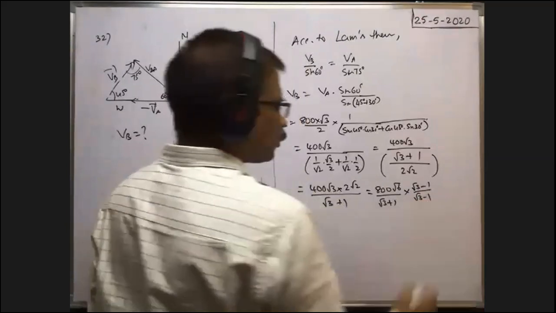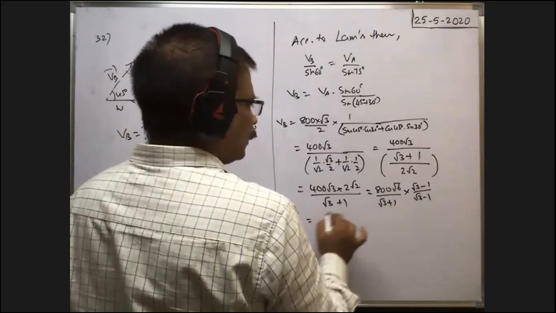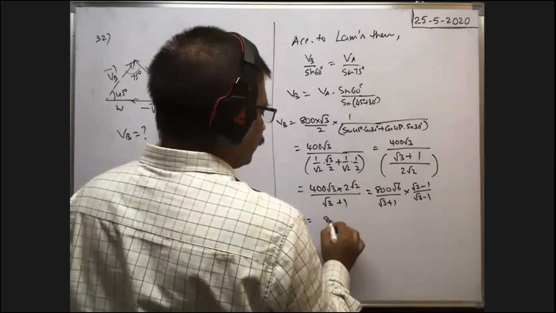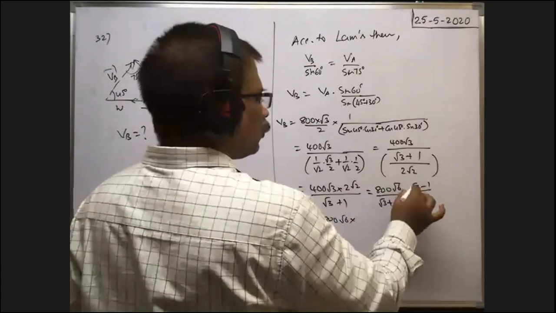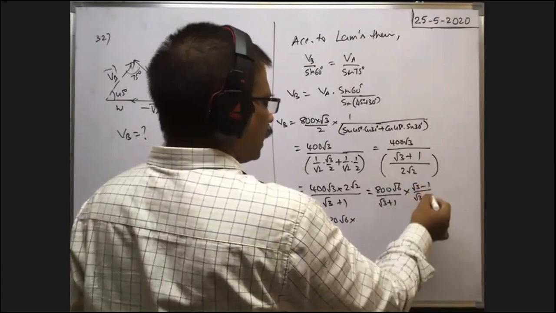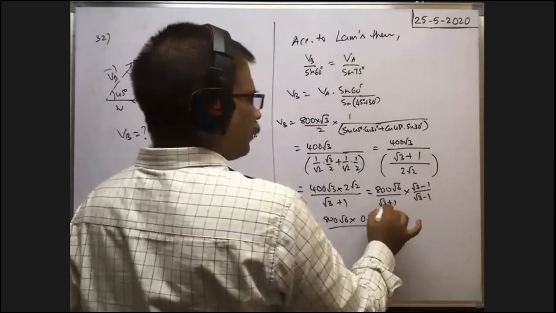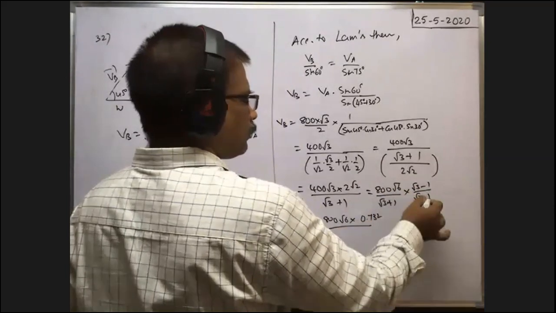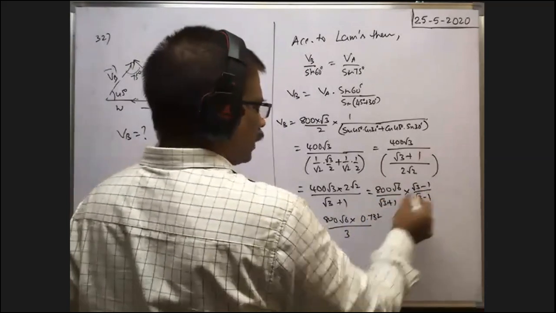It makes no difference, but the denominator becomes simple. So this is equal to 800 root 6 into root 3 minus 1, which is 1.732 minus 1, 0.732, by A plus B into A minus B, A square minus B square. A square means root 3 whole square, 3, minus B square, 1 square, 1.